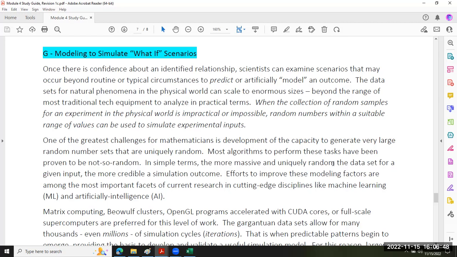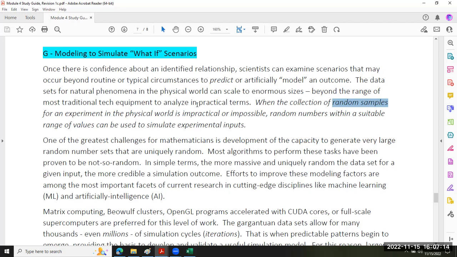That said, there are times where we want to generate what-if scenarios. So you want to change a quantity, and you don't always have a chance to actually draw random or measure random samples. So one thing you can do is generate random numbers to use as inputs.